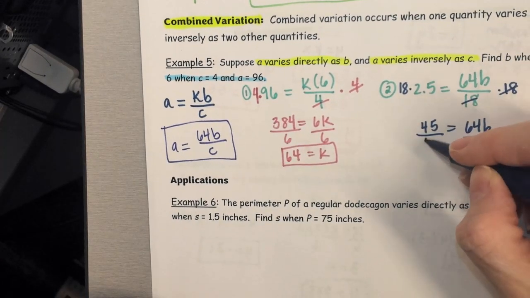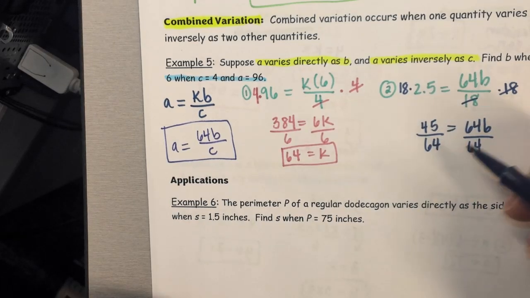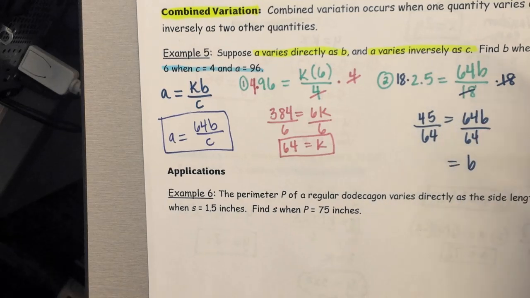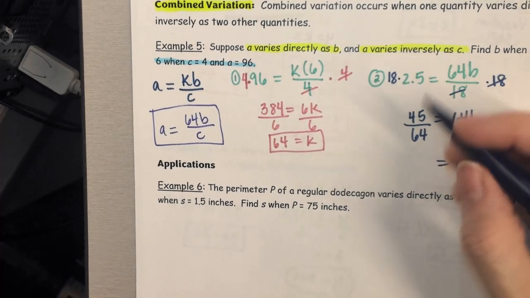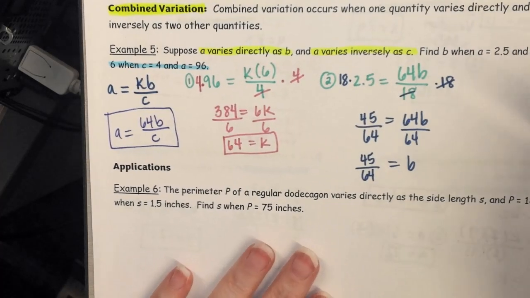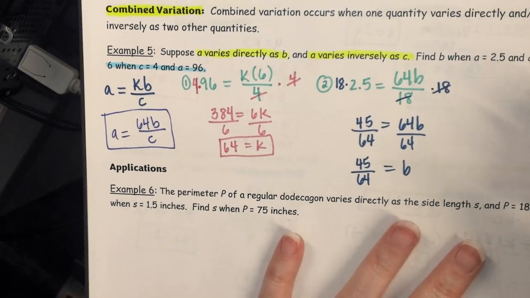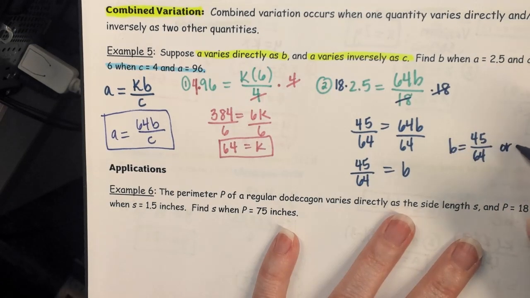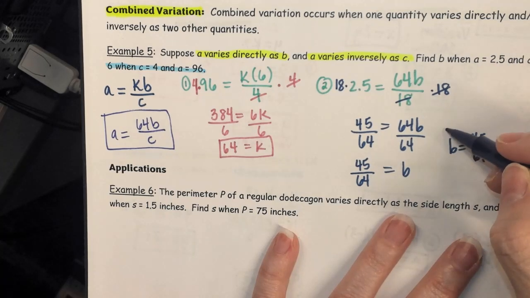And so you divide. Okay, this is going to be a decimal. So 45 and 64, that is the reduced fraction. You can leave it as 45 over 64, or you can leave it as a rounded decimal, which would be 0.7 if you divided.